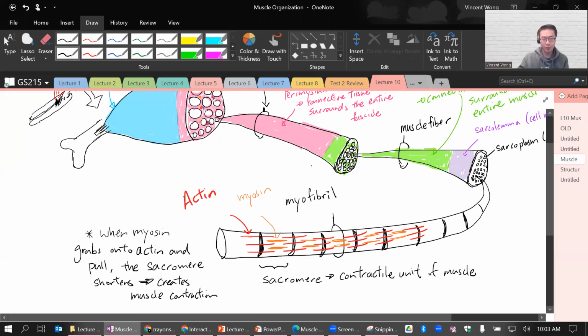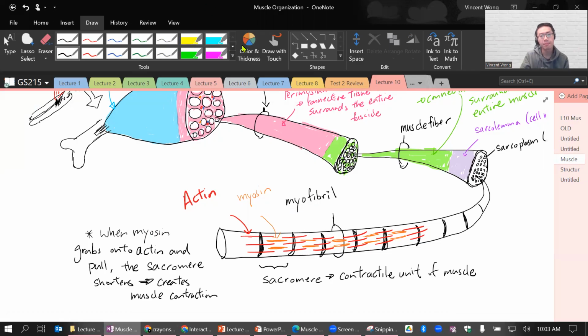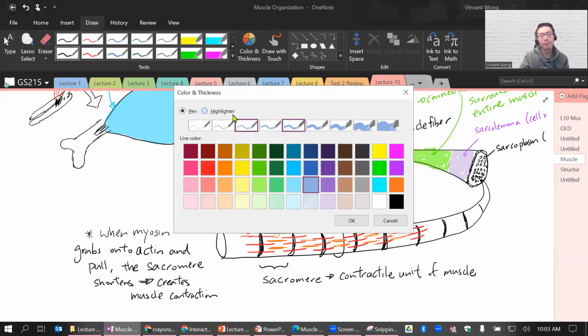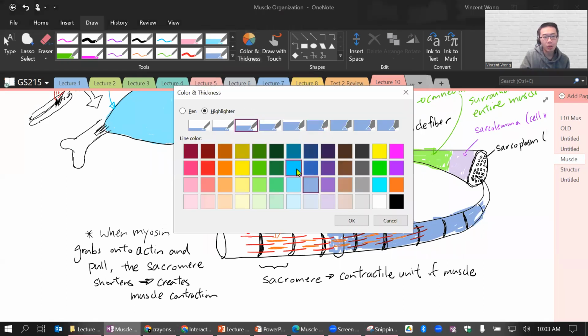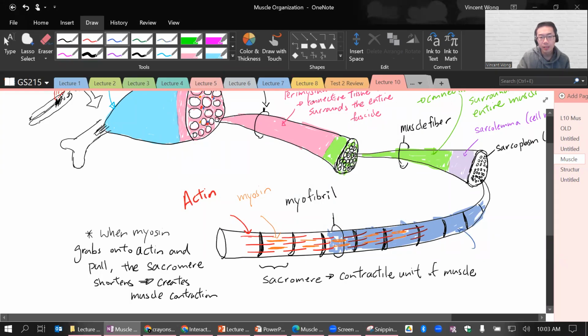Normal cells have endoplasmic reticulum, right? You know that. And the muscle cells also have that, but it goes by a different name. And it's going to be surrounding the myofibril here. Okay, so it's going to be covering the entire myofibril, and these are called sarcoplasmic reticulum.